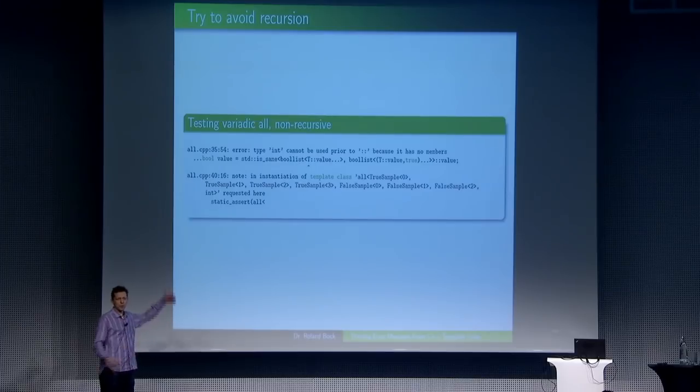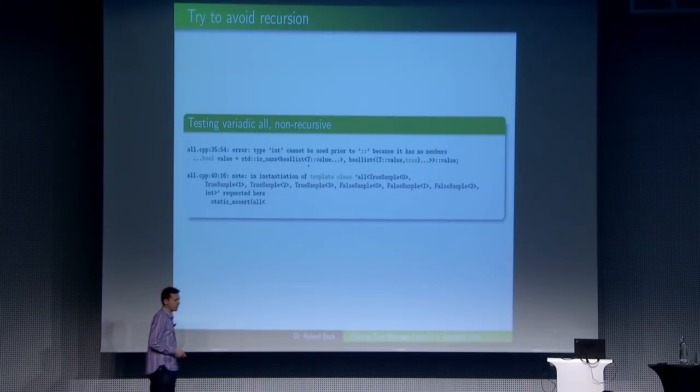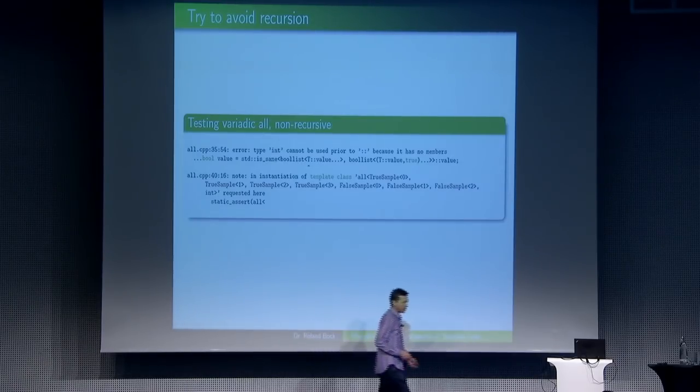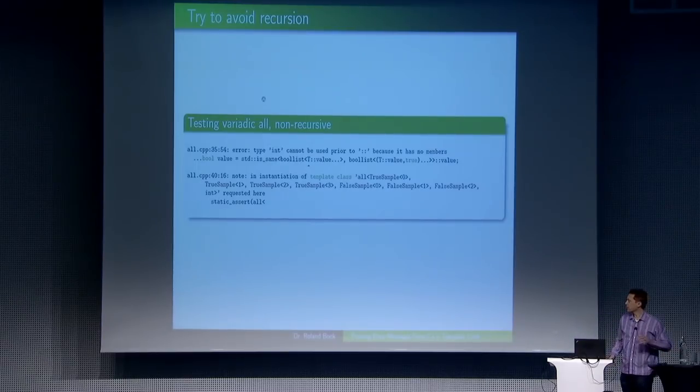Compare that to the way more than one page that we had before, for even 8 arguments in this case. So avoiding recursion is something that is intellectually challenging, but can be really, really helpful. It's not always possible, obviously.